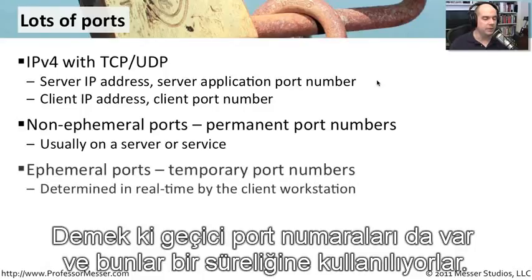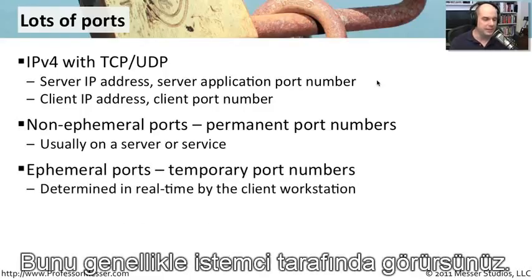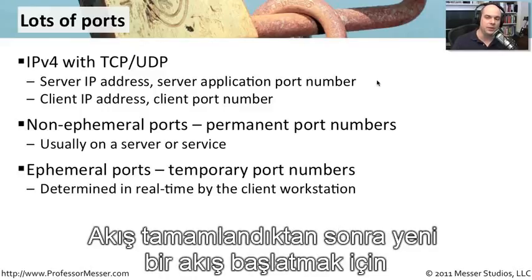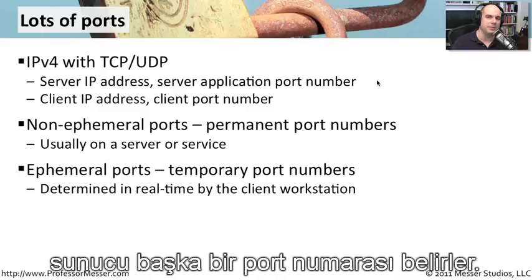Now, obviously, that means there are ephemeral ports as well. There are port numbers that are just used temporarily. You usually see this on the client side. The client picks a number, and that's the number that that client uses as the port number during that flow. When the flow is finished, it uses a different port number to be able to start another flow to that same server.